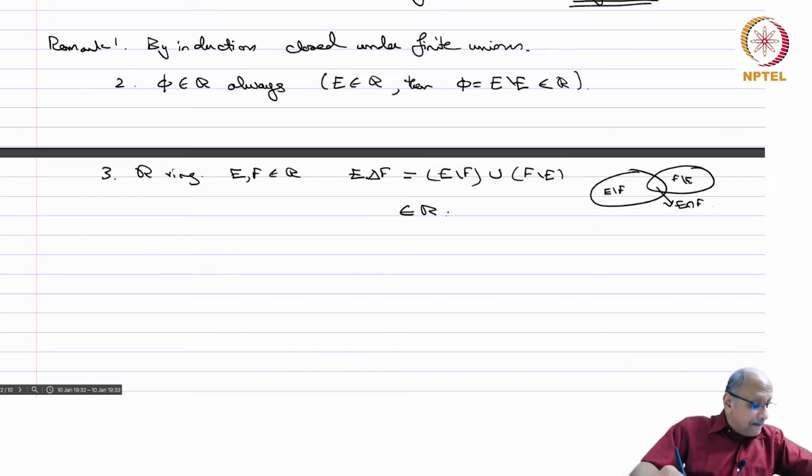That also belongs to R, because you have E minus F is in R, F minus E is in R, and therefore the union of elements of R is also in R. And also, what is E intersection F?